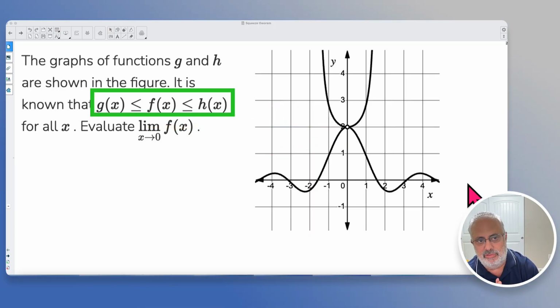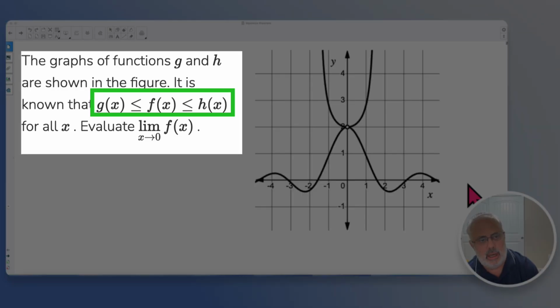The graphs of the functions g and h, let's start with this question, are shown in this figure. It is known that f of x is less than or equal to h of x and greater than or equal to g of x.